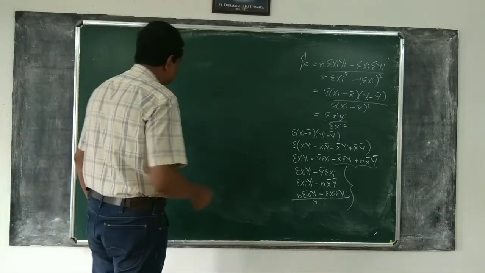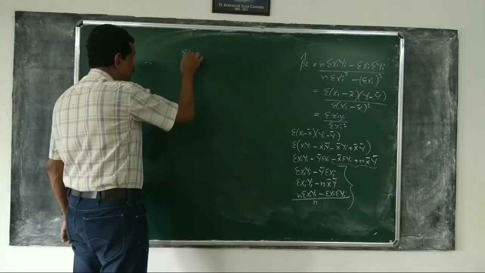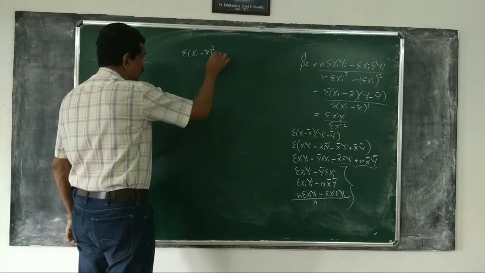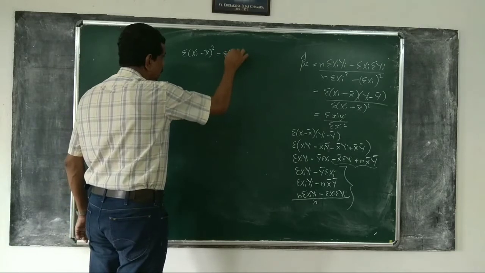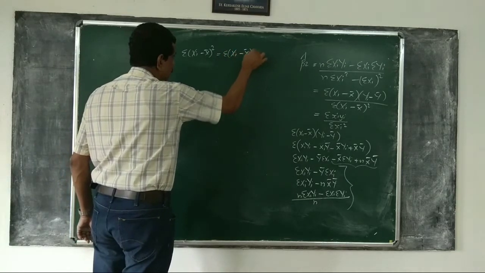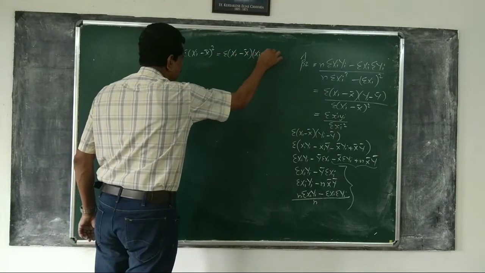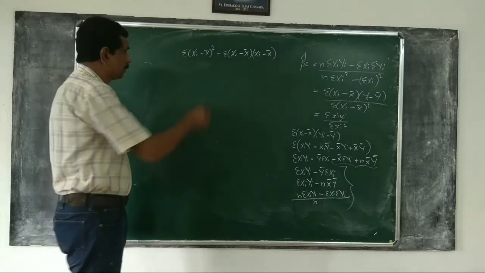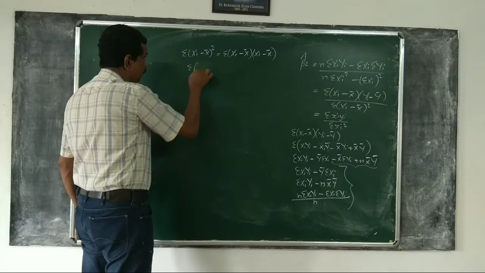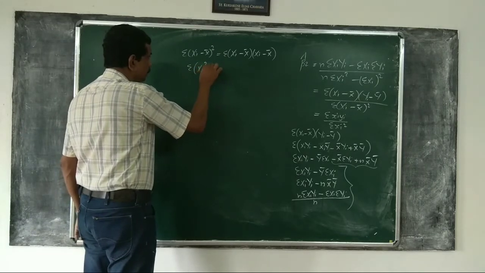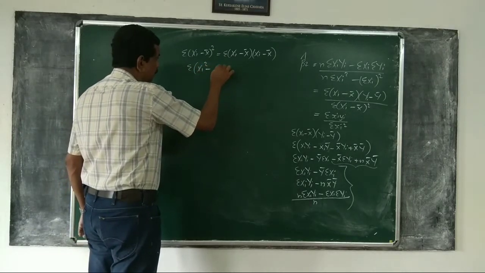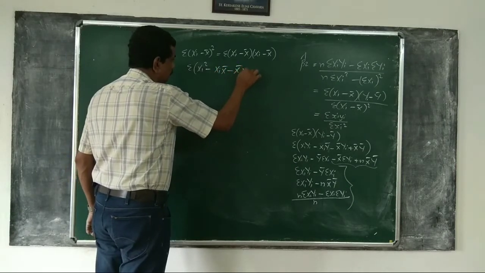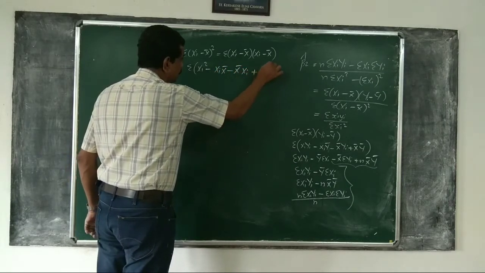Now consider the expansion sigma xi minus x bar square. This is sigma xi minus x bar into xi minus x bar, so this can be written as sigma of xi square minus xi into x bar minus x bar into xi plus x bar square.